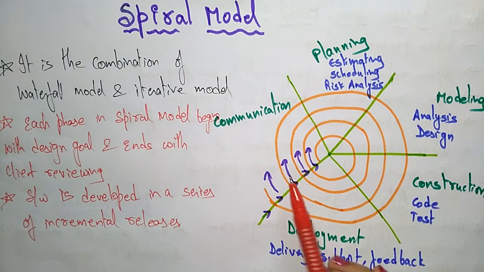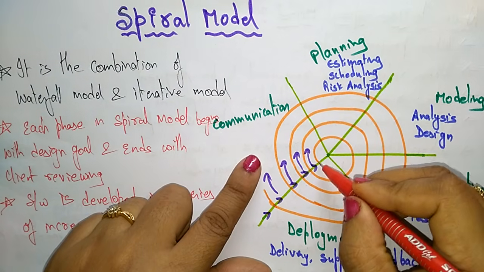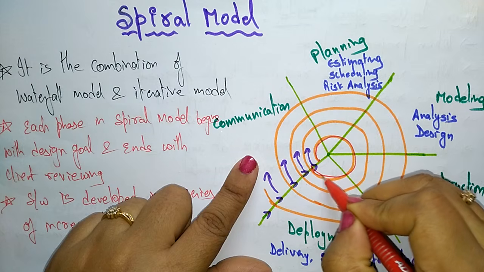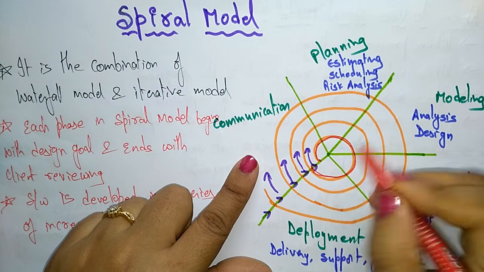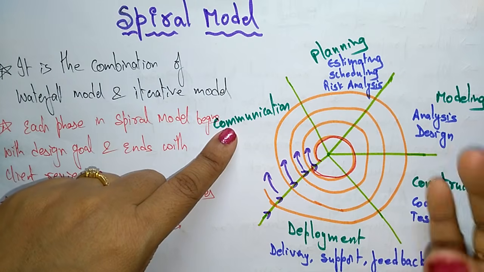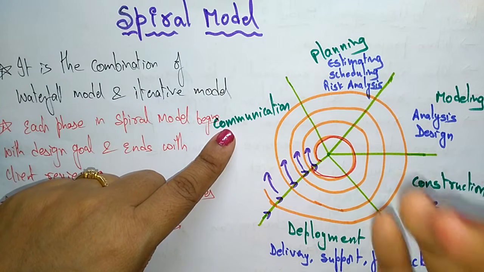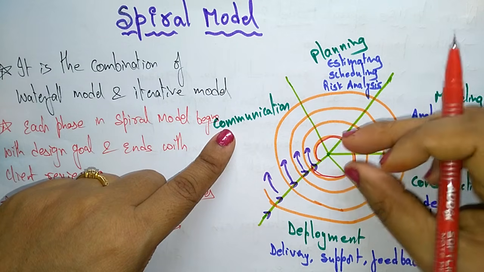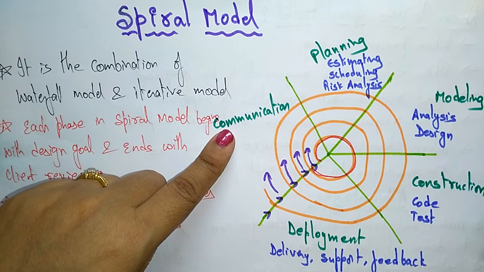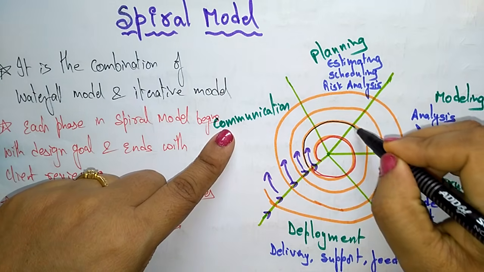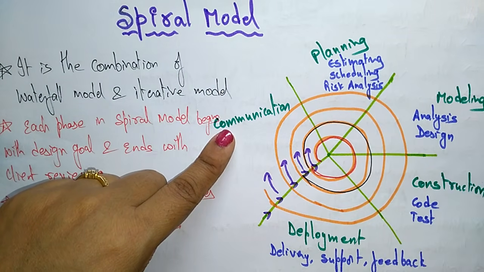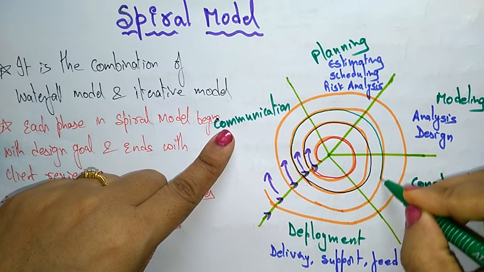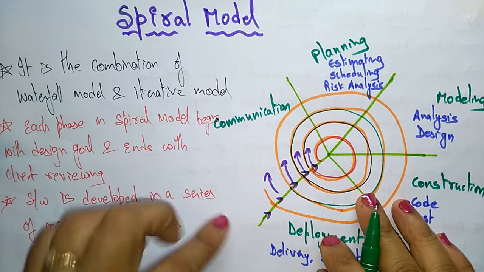Here you can see the spiral starts from here, and up to here is one phase, one task. This is one task region, next this is another task region, and next another, like that. These are the different task regions present in the spiral.